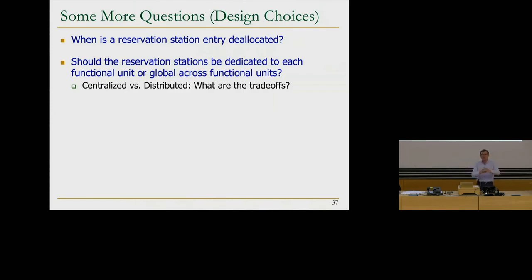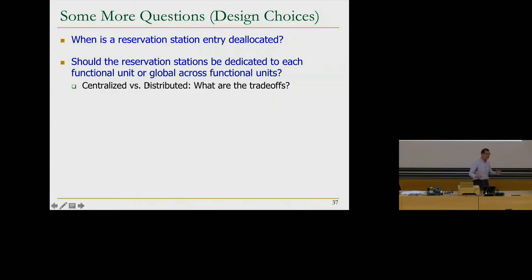Because it's centralized, you can accommodate more adds. Whereas if you had 4 reservation stations for adds and 4 for multiplies, if you get 5 adds, the machine stalls. But if you had 8 reservation station entries that you can use globally for all functional units, you could accommodate instruction mixes better. You can have 5 adds plus 3 multiplies, for example. So these are classic trade-offs between centralized and distributed.